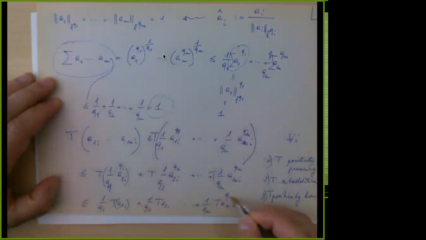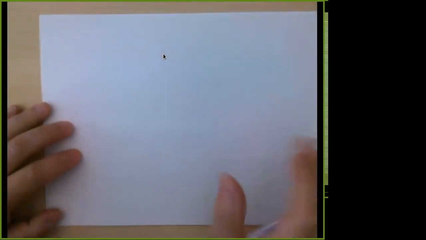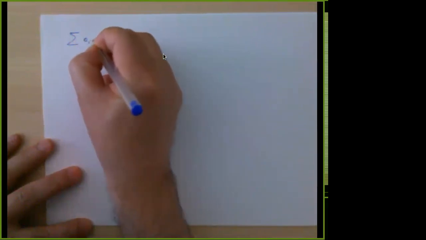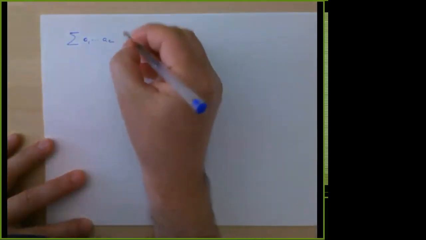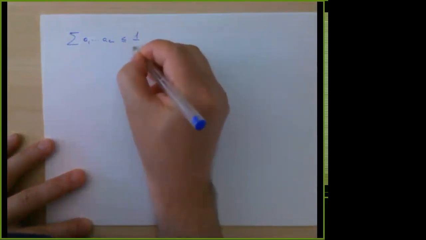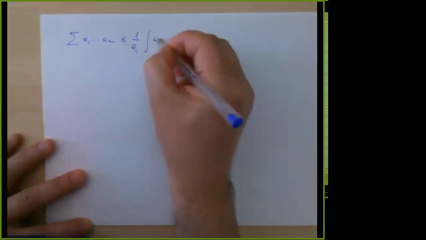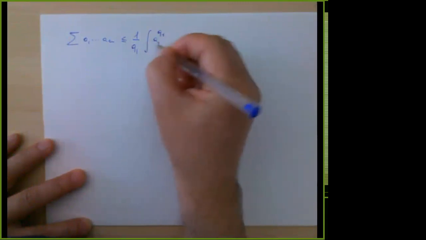Okay, so if we applied the integral as I just said, we obtain that the sum of a_1 ... a_m is less or equal than 1 over q1 integral of a_1, where a_1 now I treat as a function, okay? a_1 to the power q1 integral.